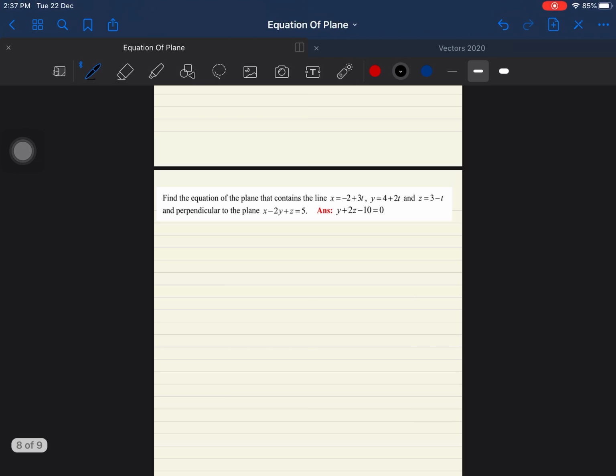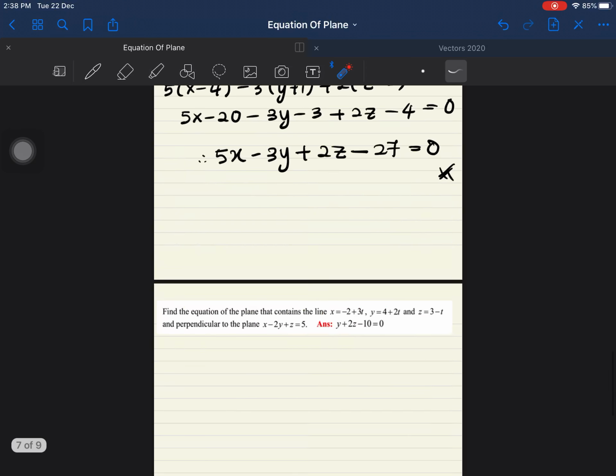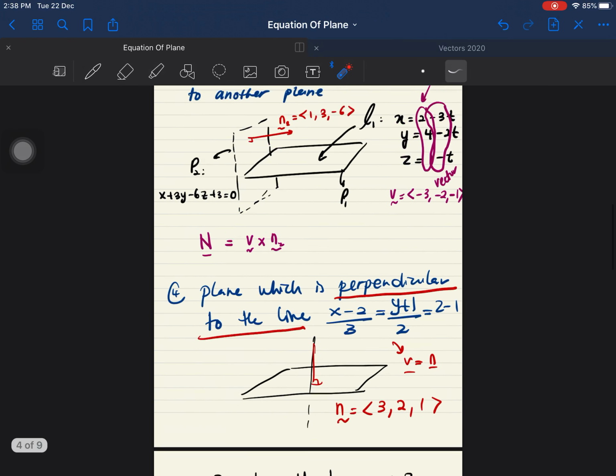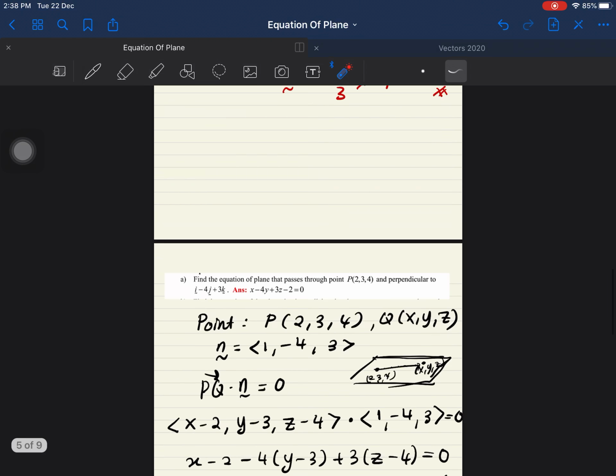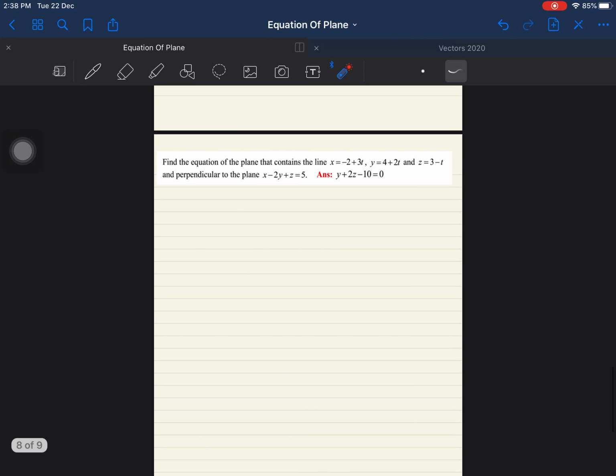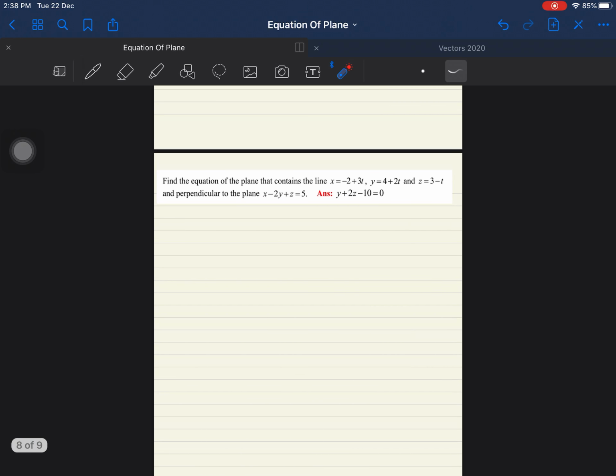So the next one, C. Find the equation of the plane where that plane contain a line. So this is a line on the plane and perpendicular to the plane. So kalau tengok ni, dia merujuk kepada case yang ketiga. Betul? So you tahu you nak kena buat cross product, kan?